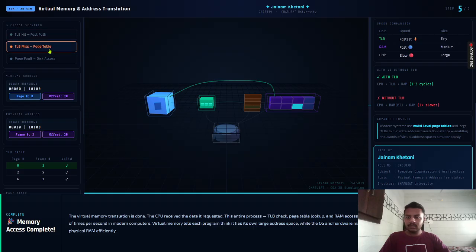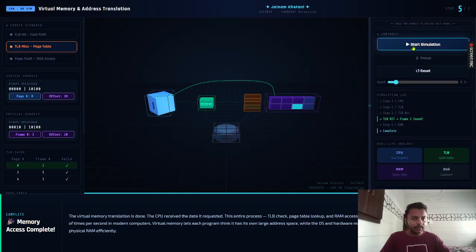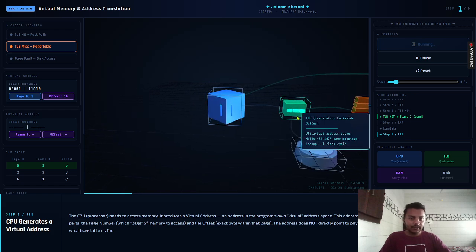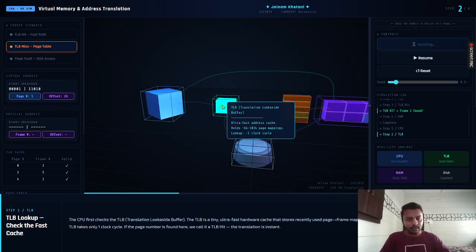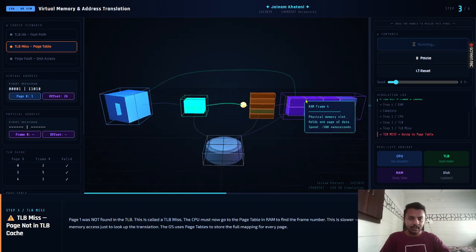Let's go to the next, TLB miss case. So let's directly go to the simulation. First of all, the same process will happen. The CPU will ask the TLB, but the TLB does not have the data like in the previous case, where it had. Then it asks the page table.